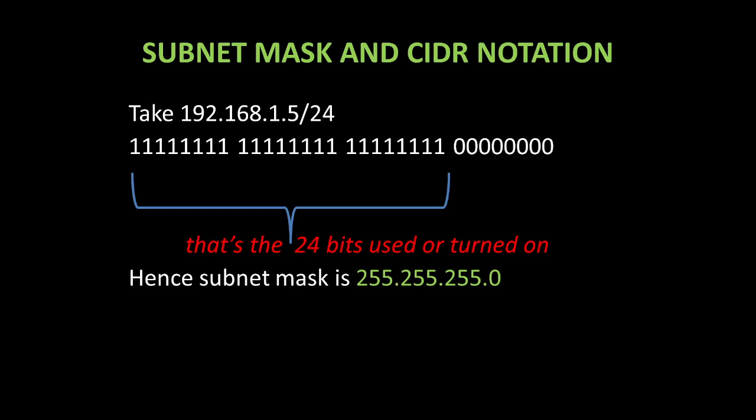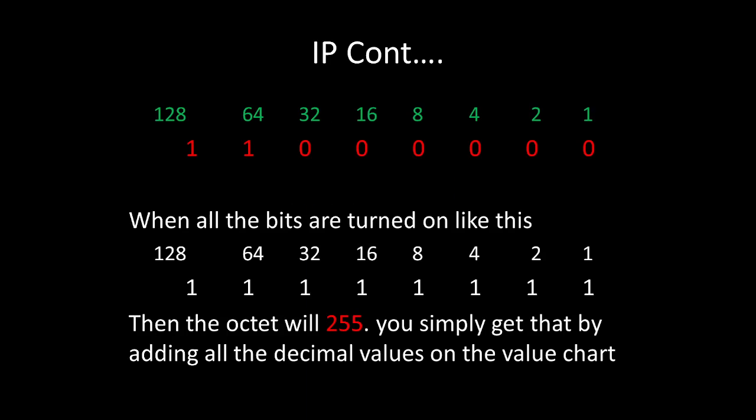I mentioned on the previous slide that when the entire octet is turned on, it translates into a 255, because all the bits are going to be used. You add up all the decimals and they add up to the 255 that is there.